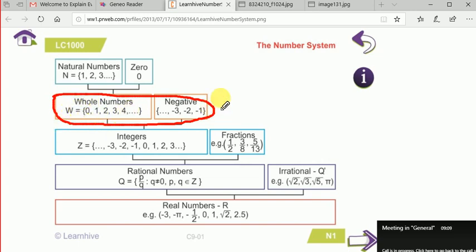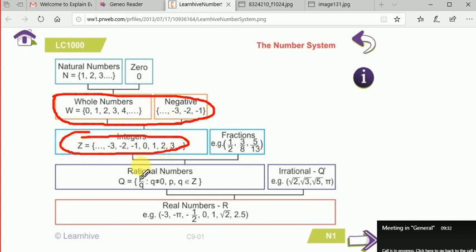So all the numbers from 0 to infinity are whole numbers. Then we have integers. Integers are positive and negative both. All the positive and negative numbers together becomes integers. So if we add negative numbers, like in whole number, it will become integers.